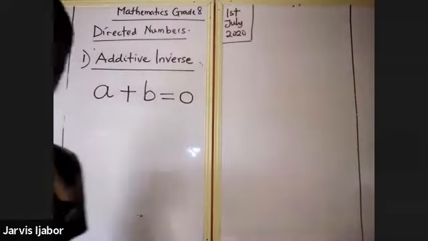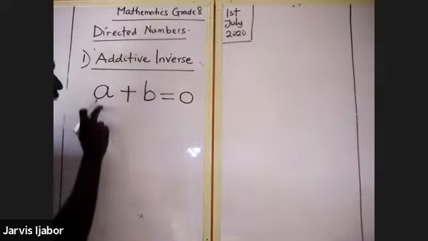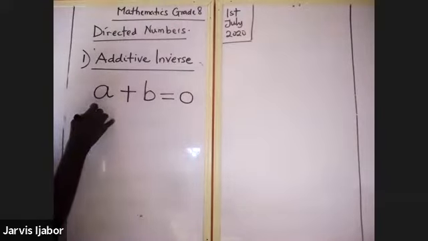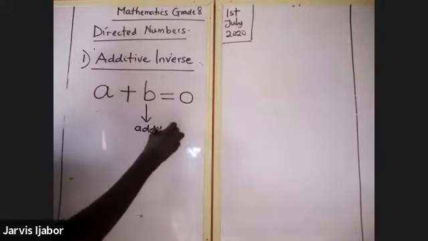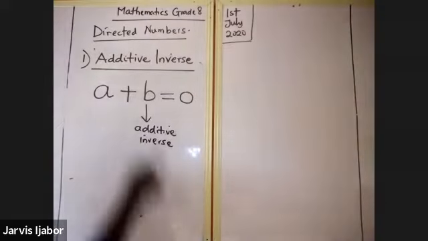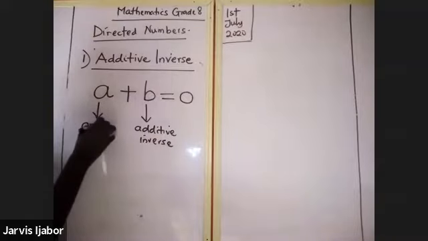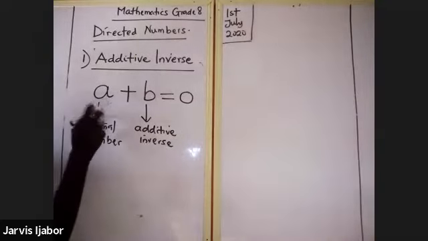So this is the number, this is the additive inverse. An additive inverse is a number that, when I add it to the original number, I will get 0.